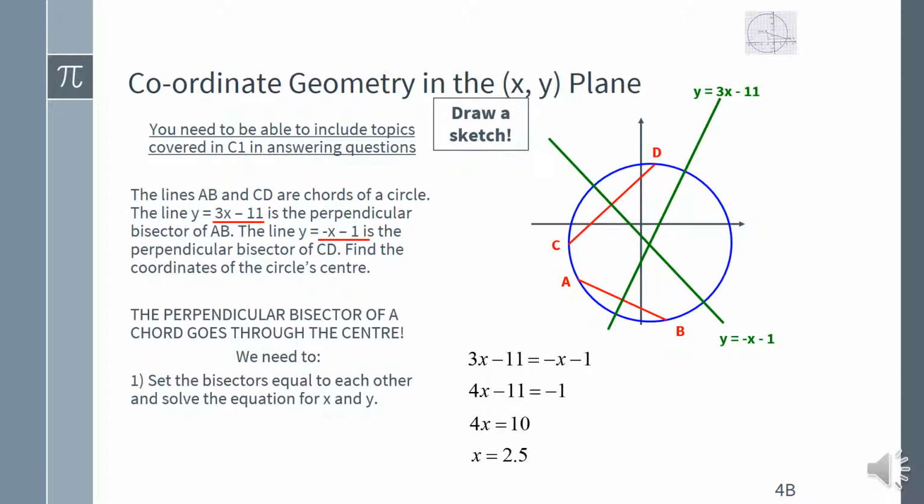Solving that gives us that x is 2.5. Substituting that back into one of the equations gives us that y is minus 3.5. So we can now find the centre of a circle from two chords, because we now know that the perpendicular bisectors of the chords cross at the centre of the circle.